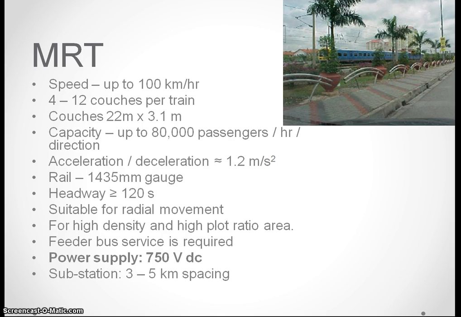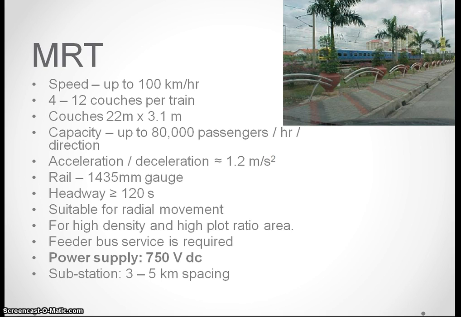The capacity of the train is up to 80,000 passengers per hour per direction. Acceleration is 1.2 meter per second squared, and the rails are usually standard gauge, about 1,435 millimeter gauge. Headway is usually not less than 120 seconds.